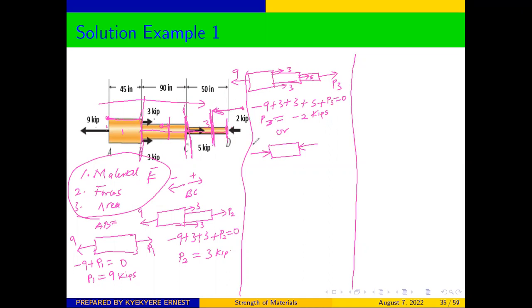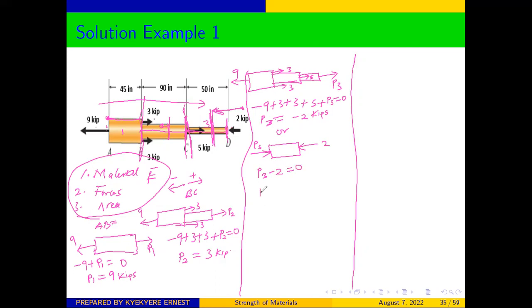So we can say that this is P3, this is 2. So you can say that P3 going to the right, -2 will be equal to 0.